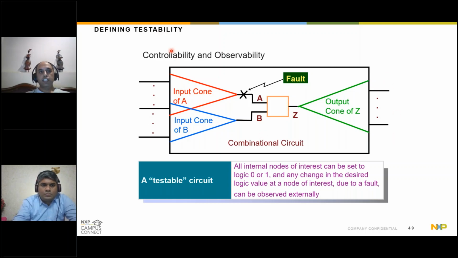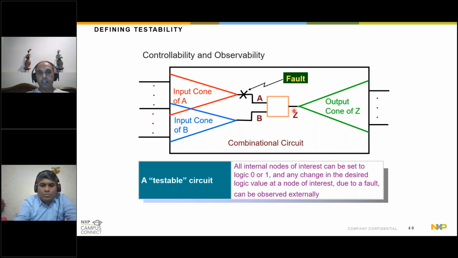Testability is all about controllability. What we mean by controllability is, if I give some stimulus on these primary inputs, I should be able to stimulate this A or B in any fashion which I want. That's what is meant by controllability.